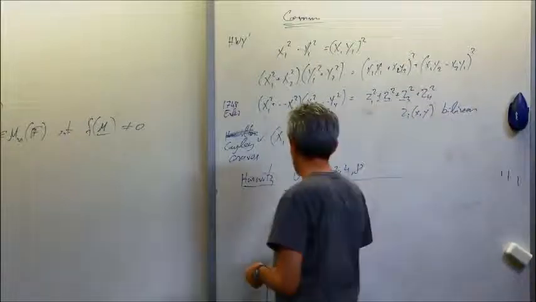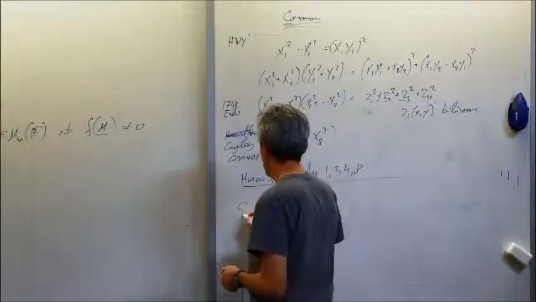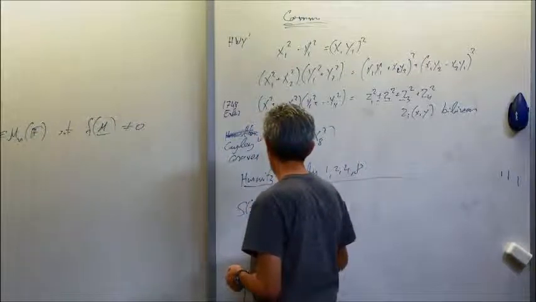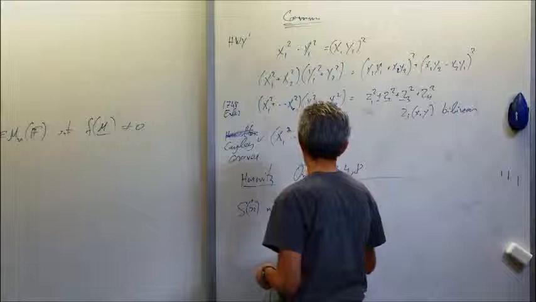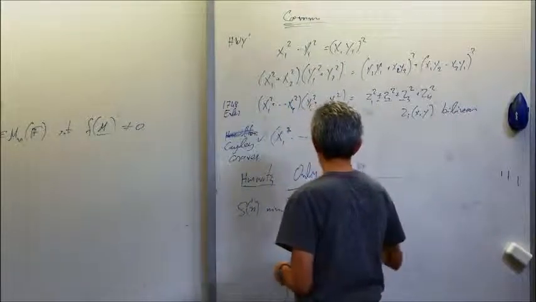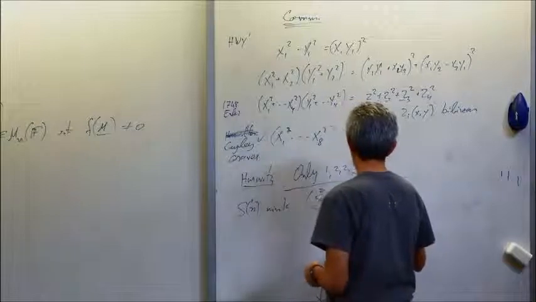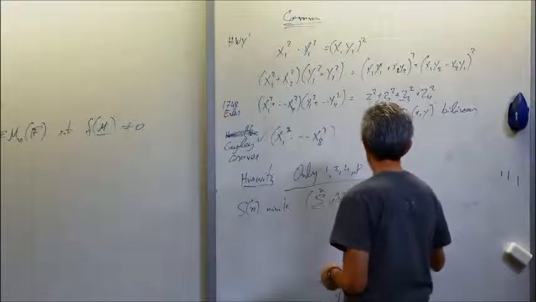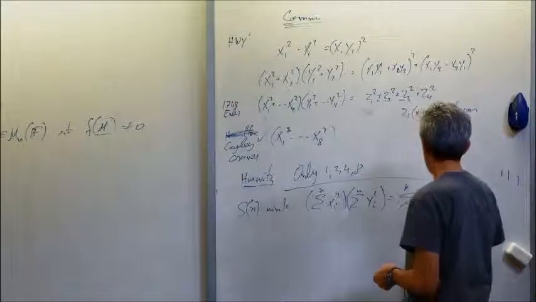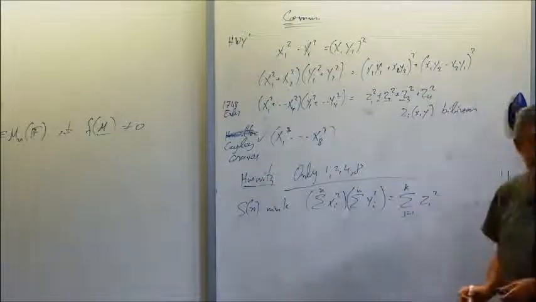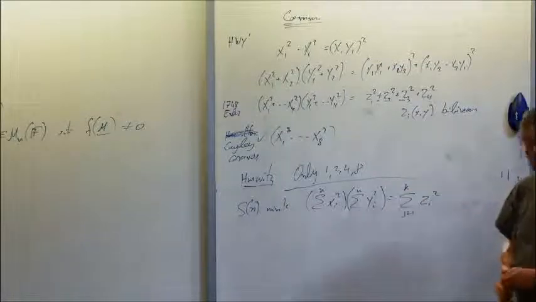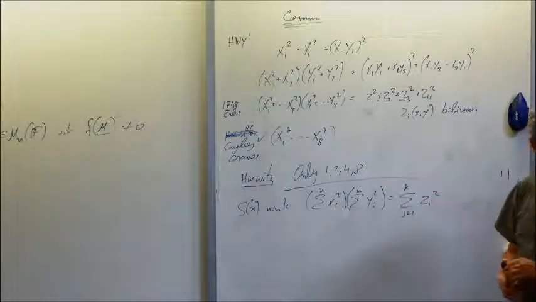So suddenly we can denote by S of n the minimum k such that when I multiply a sum of n squares by a sum of n squares, I get a sum of k zi's squared. We know it's possible, right? So what's the minimum k?